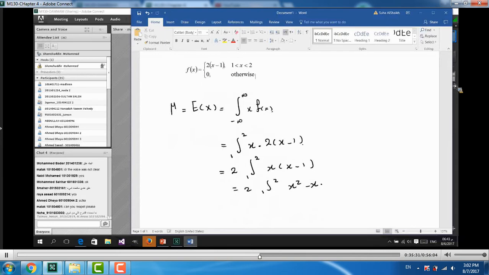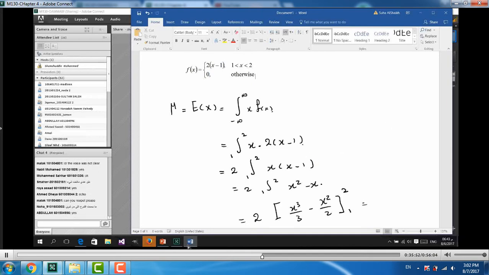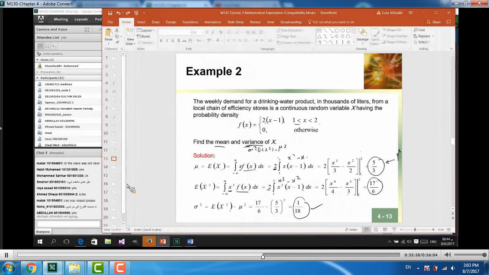Now you know how to find this one, and you can get the final result which gives you the mean. Okay. Clear? Is it clear now? Now the expectation of x square minus the mu that we calculated, squared. x square is the same thing, but we put x square.